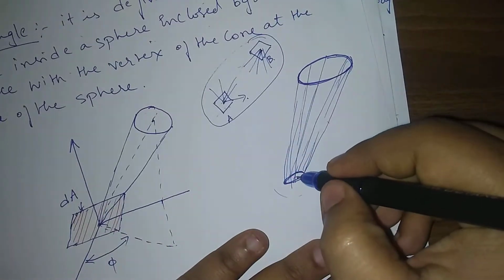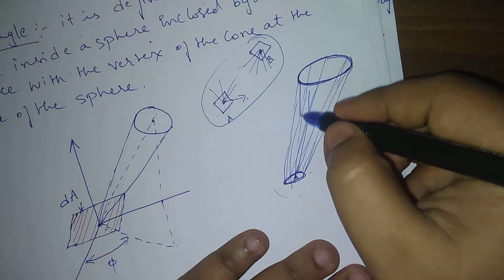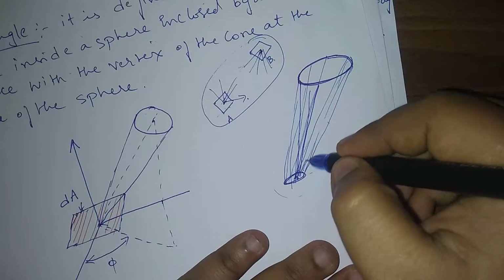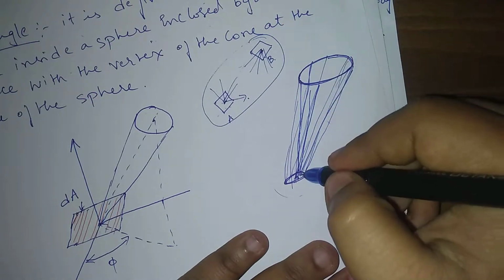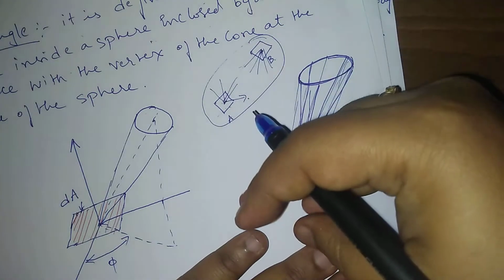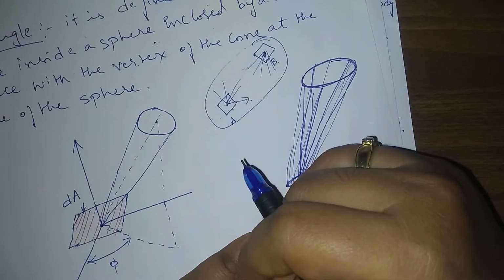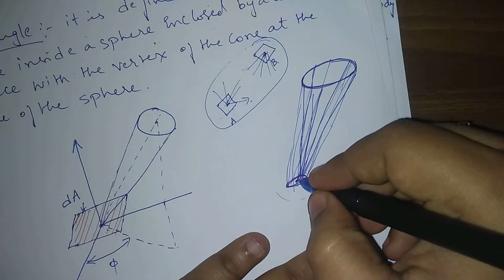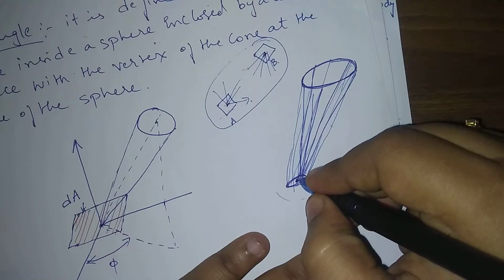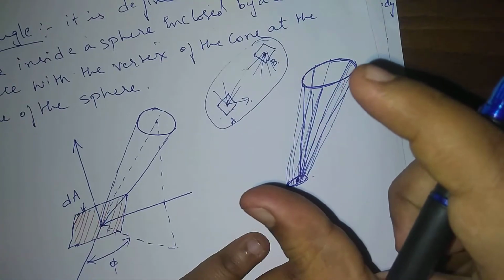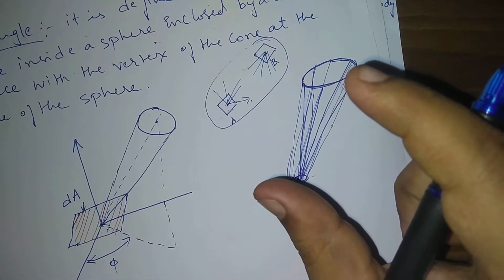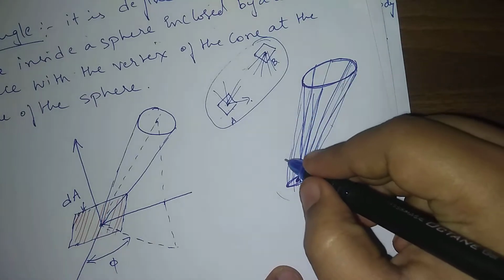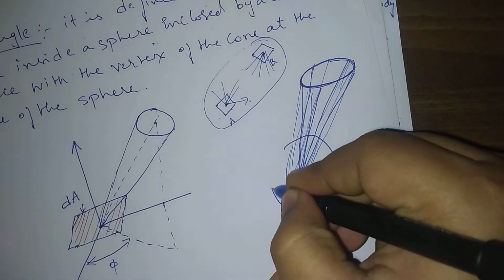From the center, try to connect all the perimeter, which forms something like a cone. Yes or no? Now keeping this as the center, take a unit radius and draw a sphere.